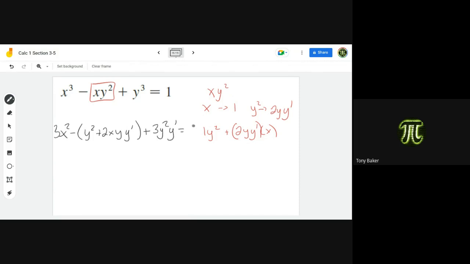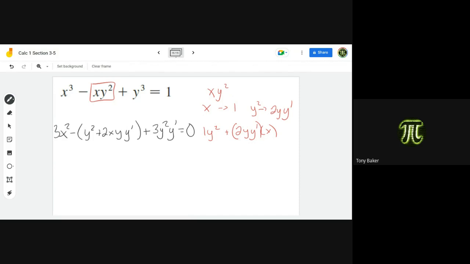What's the derivative of 1? 0. Notice I put parentheses. You have to distribute the negative sign.